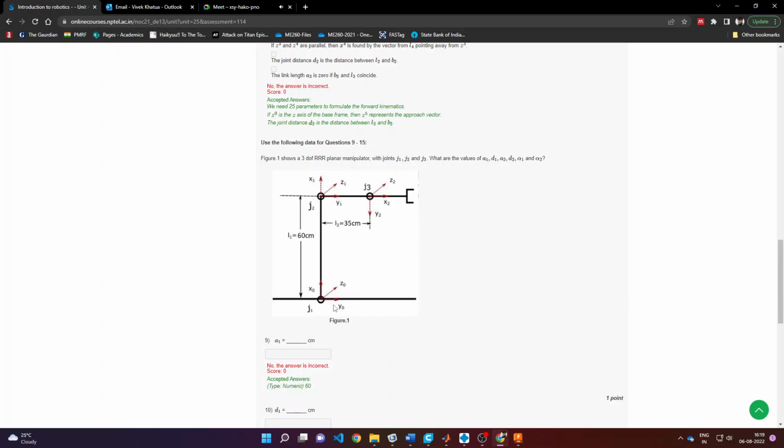And your third joint has an axis something like this, x2 here, x cross y into the board, z2. So this is a problem that was given in one of your previous runs. Maybe it will not be identical, but we'll solve this so that you get an idea of how it needs to be done. This is 60 centimeters.